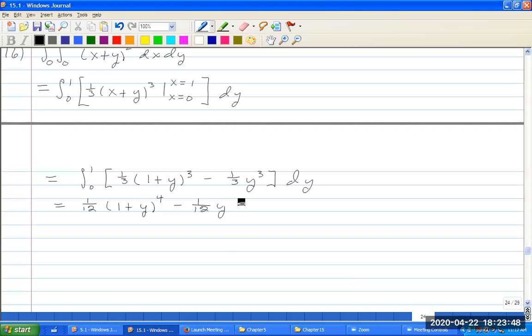And let's evaluate this between 0 and 1. So let's plug in 1. So this is 1/12, 2 to the 4th, minus 1/12, 1 to the 4th, minus, plug in 0, 1/12, 1 to the 4th, minus 1/12, 0 to the 4th.